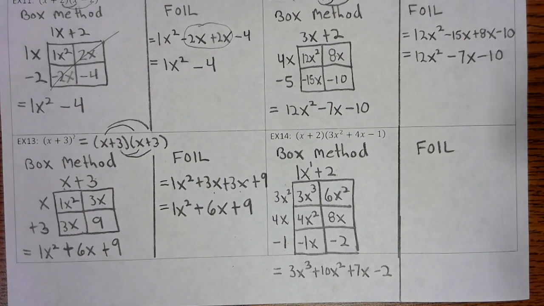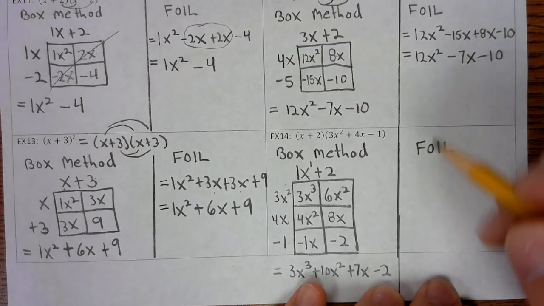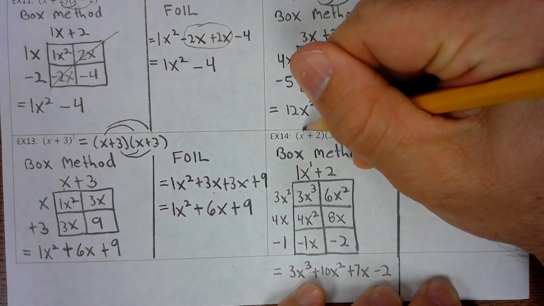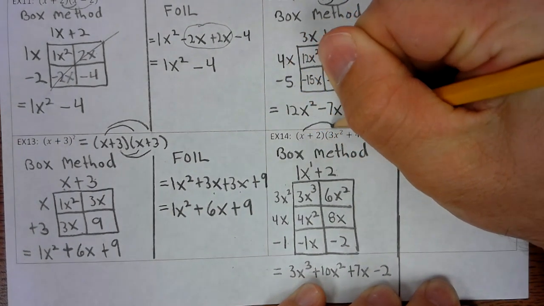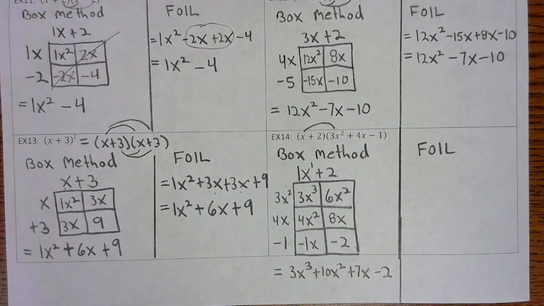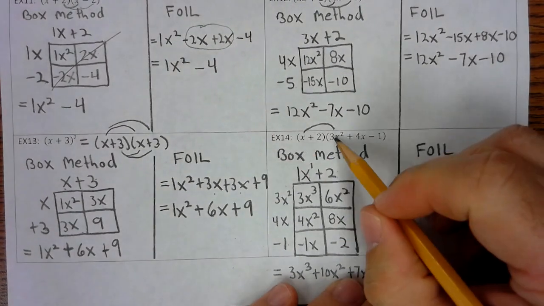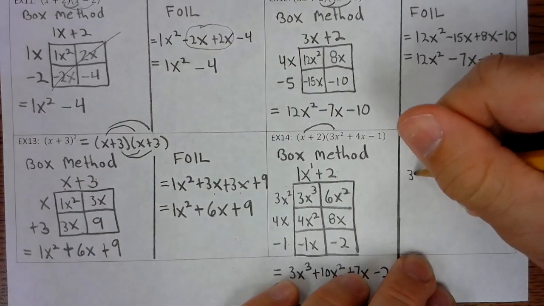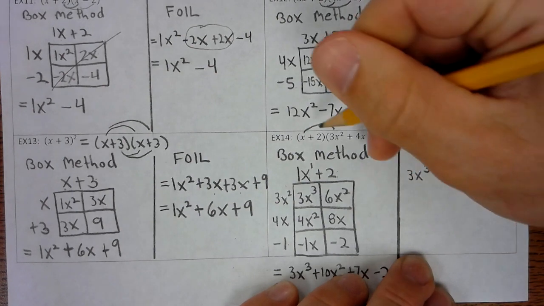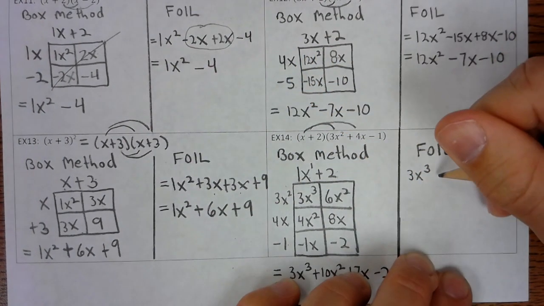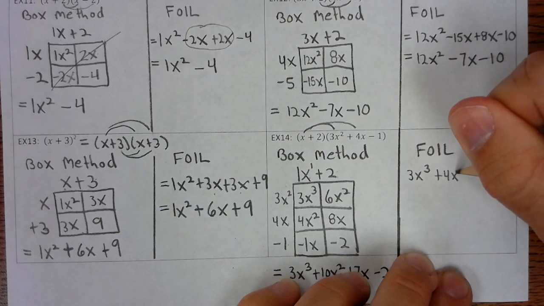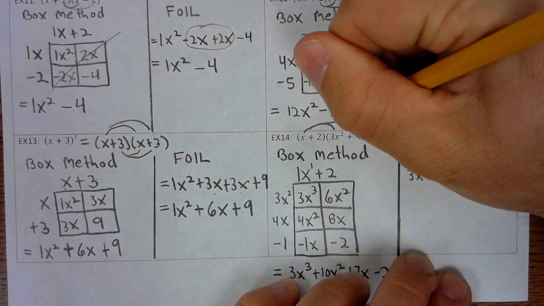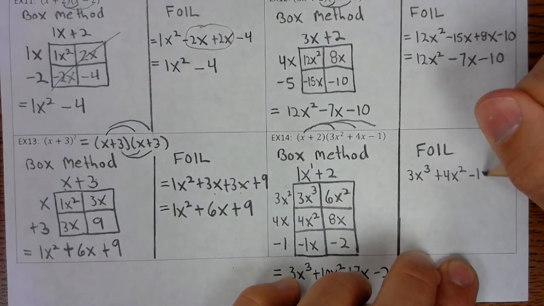All right, now the last part is we're going to FOIL. So, I'm going to do something kind of cool when it's multiplying with this big of foiling. So x times 3x squared is 3x cubed. x times 4x is 4x squared. And then x times negative 1 is negative 1x.